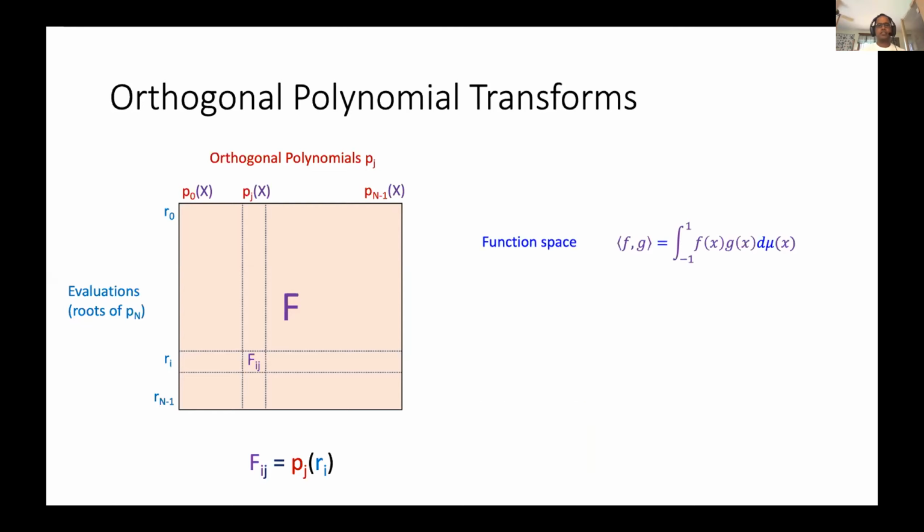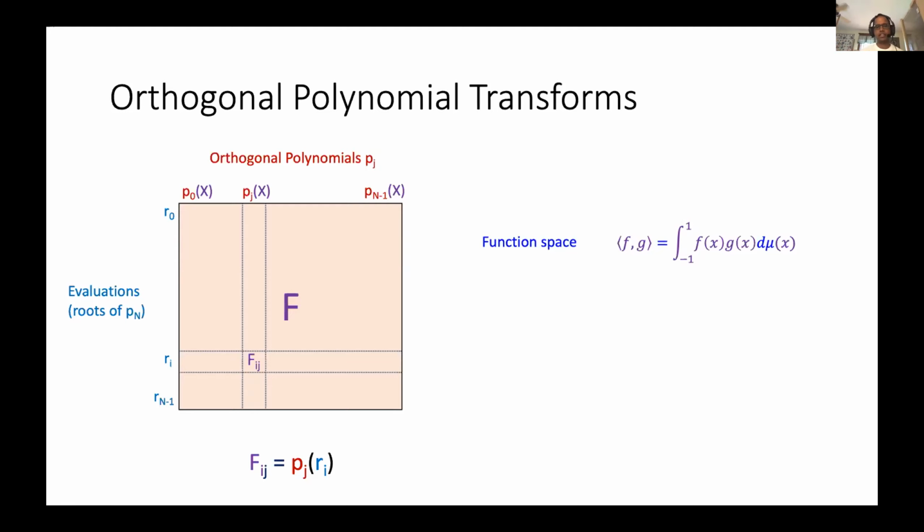All right, so talking about orthogonal polynomials themselves, just to give a quick definition, given a measure mu, you can talk about the inner product in the usual way. Here I'm going to assume everything is between -1 and 1. Of course, you can scale and make it work for any finite region.